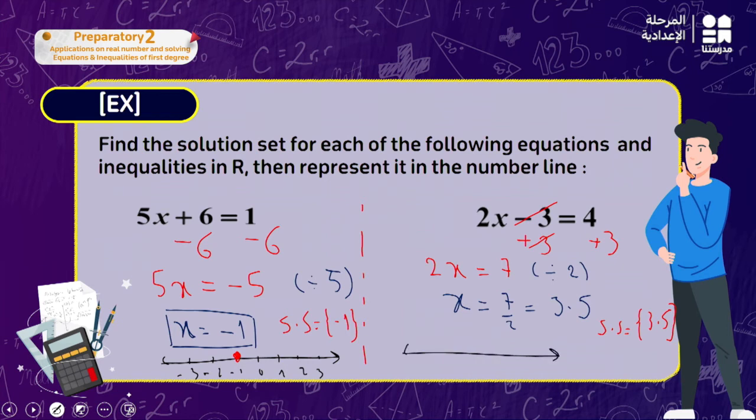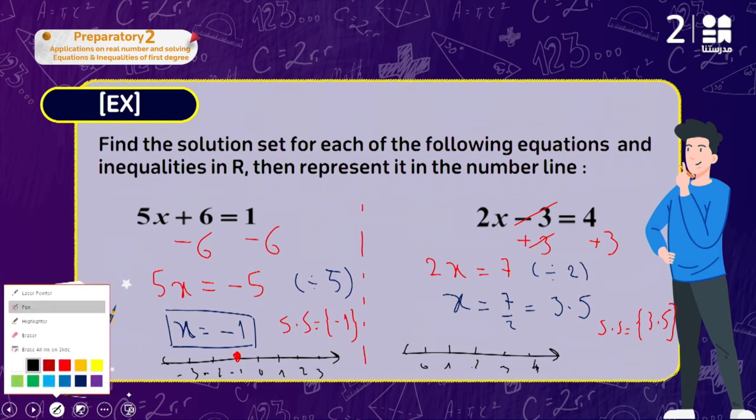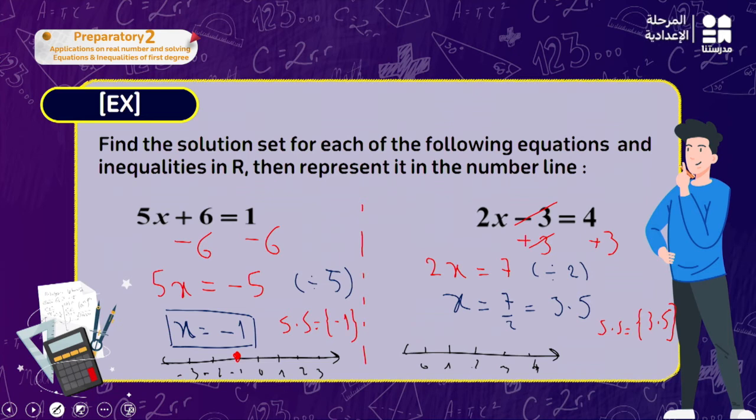So this is 0, we don't need negatives. 0, 1, 2, 3 and 4 here on the number line, and where is 3.5 located? Yes, here in the middle between 3 and 4. So this is 3.5. This is the number 3.5. Is it clear on the number line?